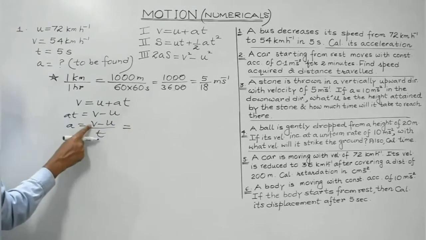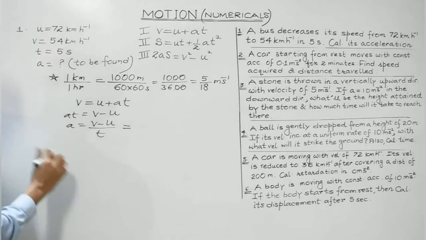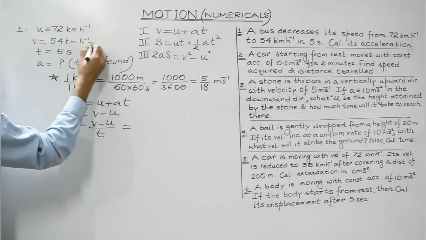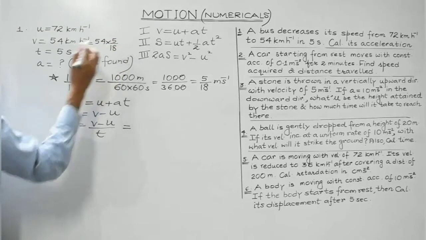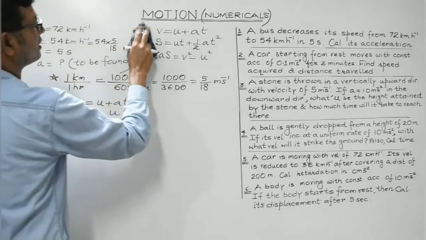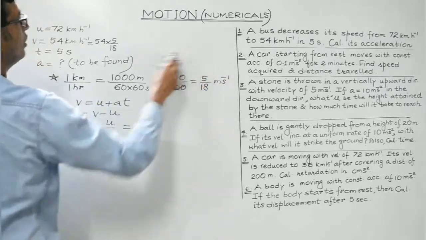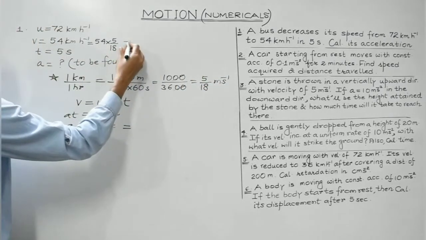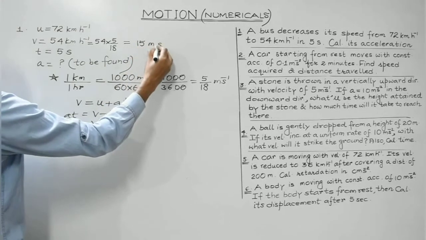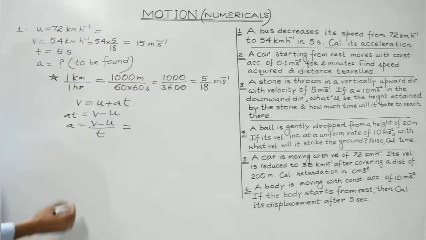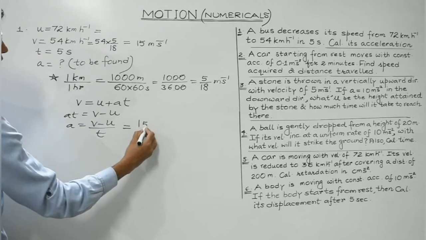So let's substitute the values. What is the final velocity? 54, so it will be 54 into 5 by 18. Let's convert it into SI. So V is 15 meter per second.